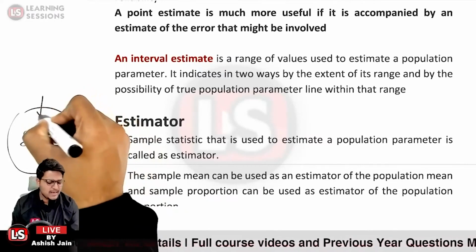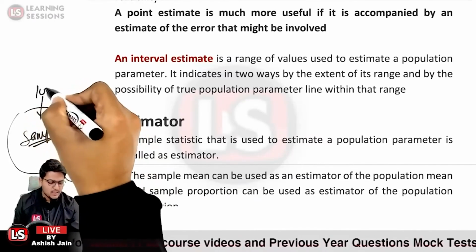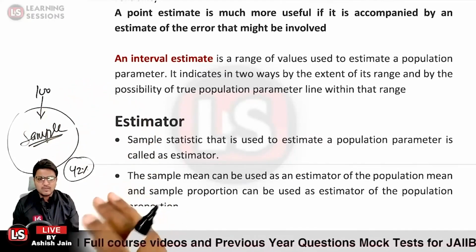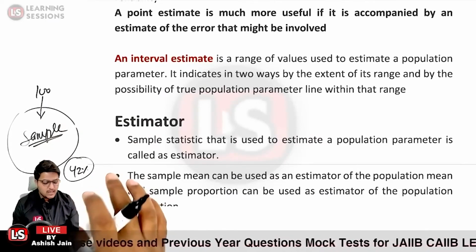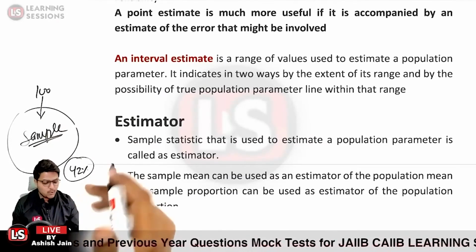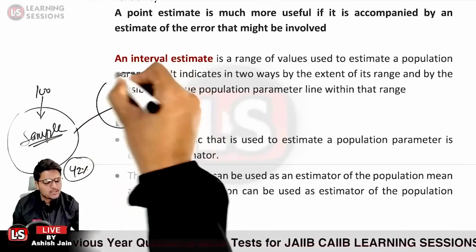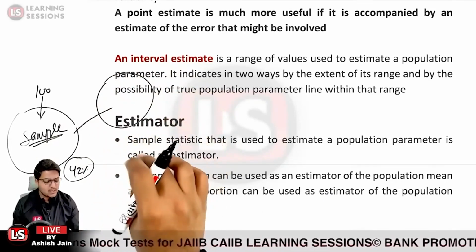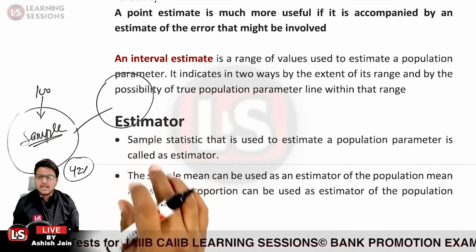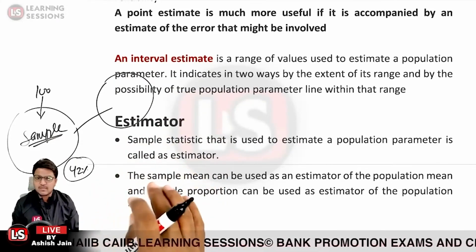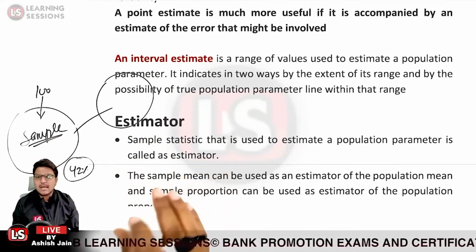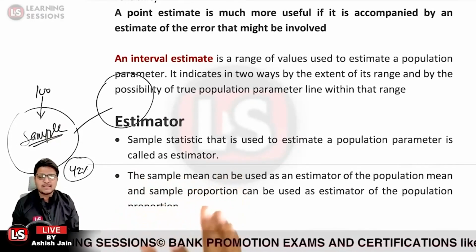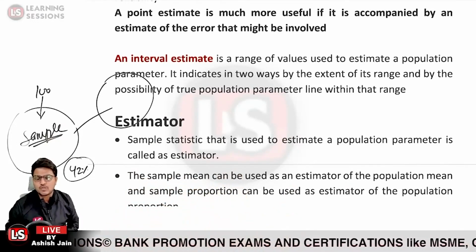Let us take the case that the entities in the sample are 100. In that case we have a particular proportion, and from this proportion I want to estimate the population proportion. So the estimator can be the mean, the standard deviation, or the sample proportion, which can be used as an estimator of the population proportion itself.